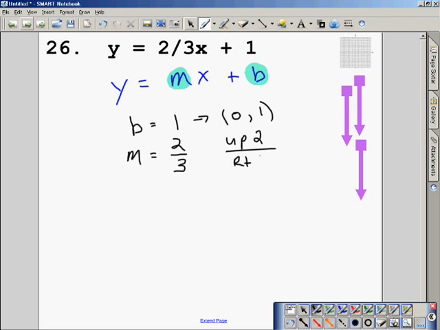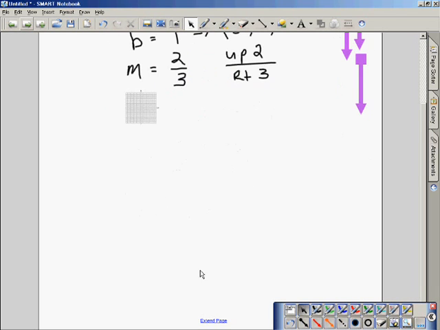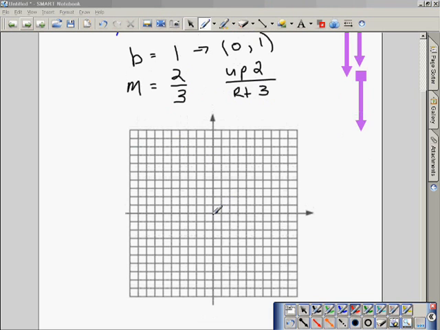So let's get our graph and review how to use the point and a slope. Let's make sure to label that x and y axis. And then from there, we're going to go up 2 and to the right 3. So up 2 and to the right 3.